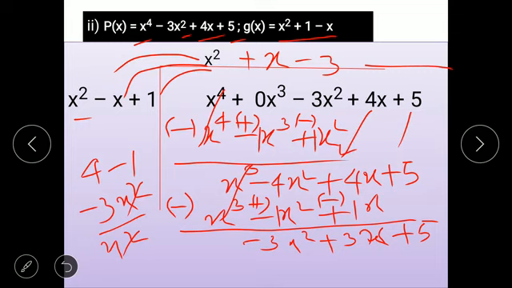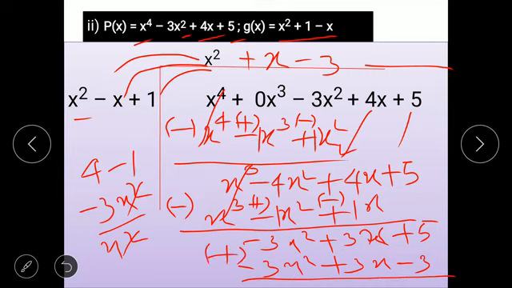Same way multiply. Minus 3 into x square, minus 3x square. Minus into minus plus, 3 into x, 3x. Plus into minus, minus 3. Change the sign: plus, minus, plus.